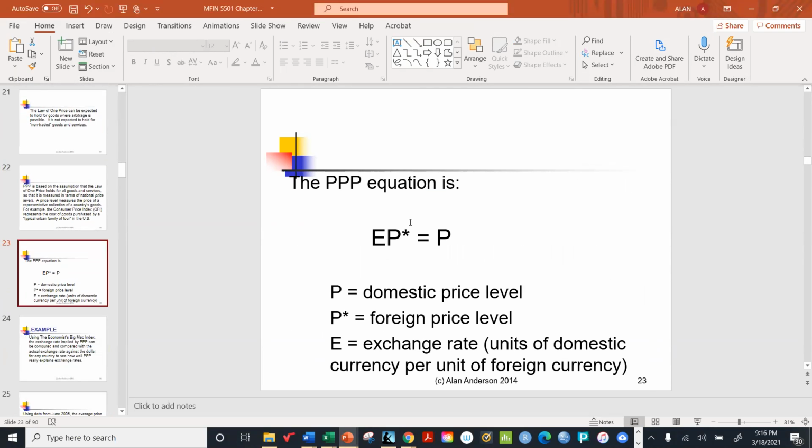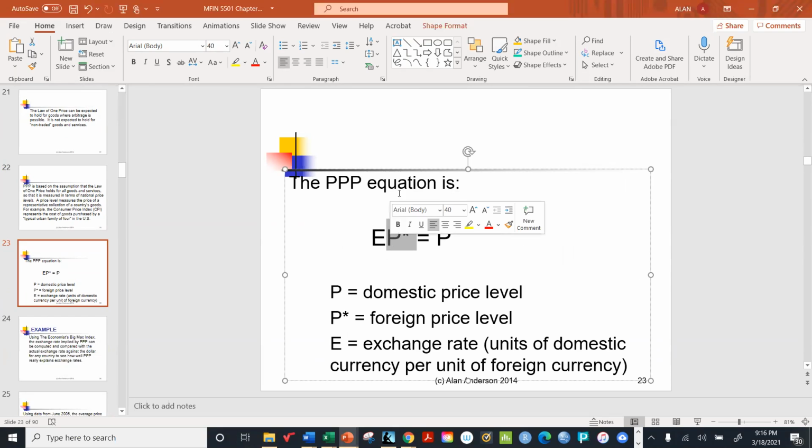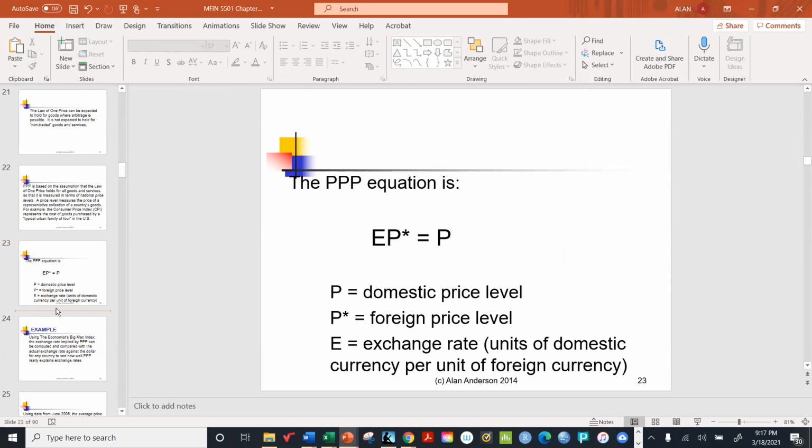So purchasing power parity tells us the following. The spot exchange rate times the foreign price level should match up with the domestic price level.